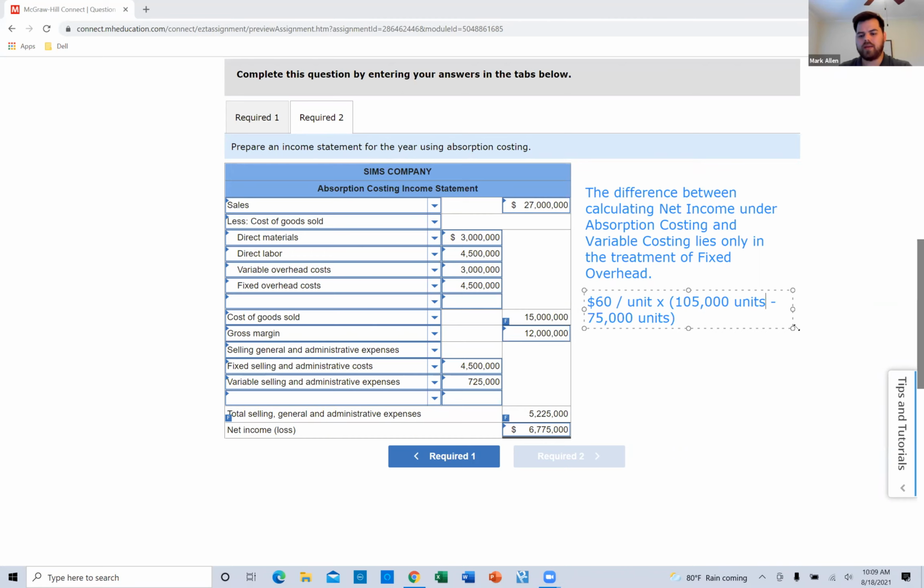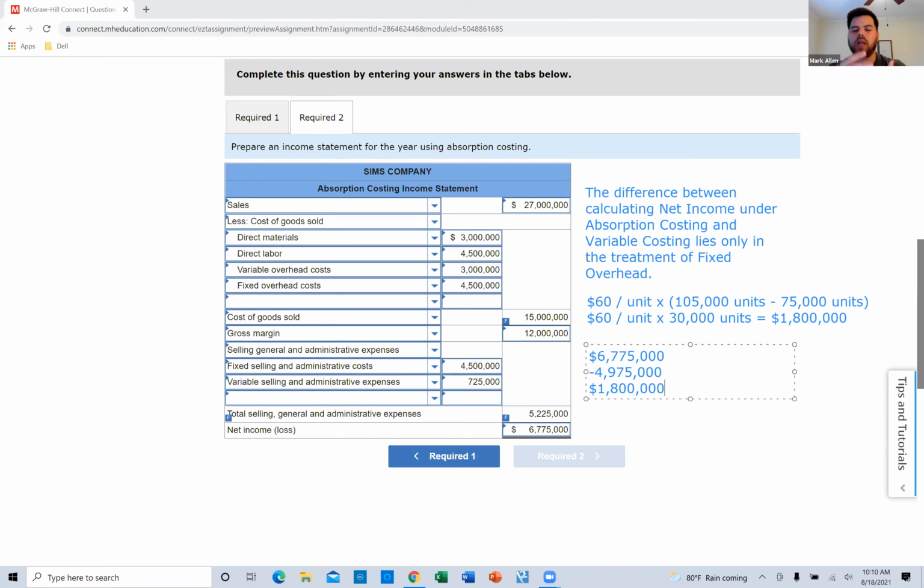Whenever I do this math, $60 per unit times the difference between 105 and 75, I end up with $60 per unit times 30,000 units, which equals $1,800,000. That 1,800,000 is the difference that we see whenever we compare $6,775,000 to $4,975,000.